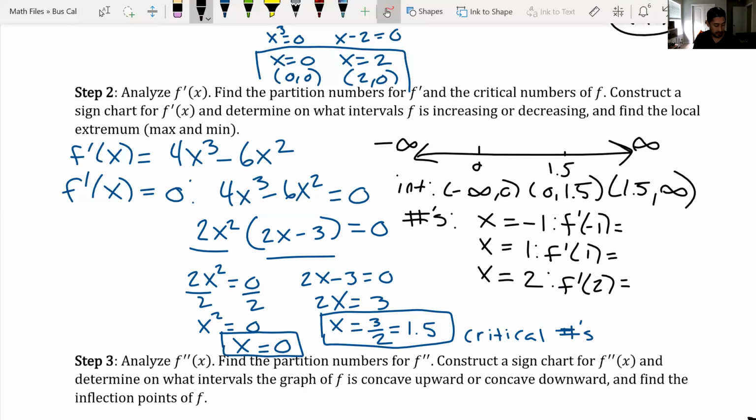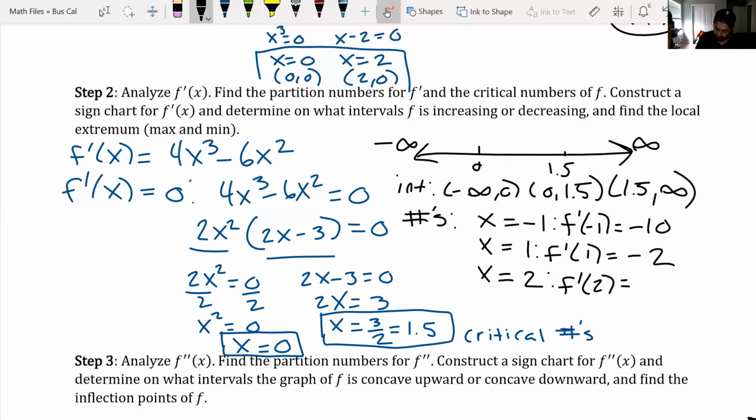And I'm going to do that really fast. Let me see. 4x cubed minus 6x squared. I type in negative 1, I get negative 10. 1, I get negative 2.